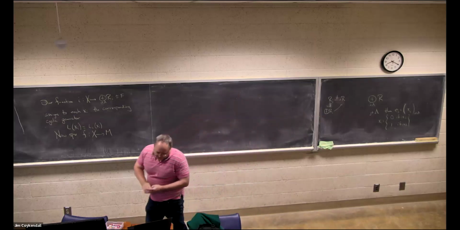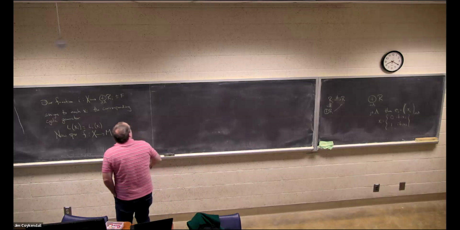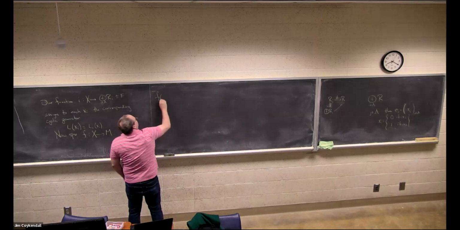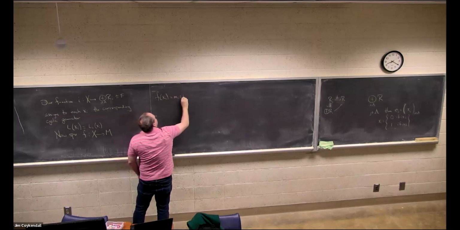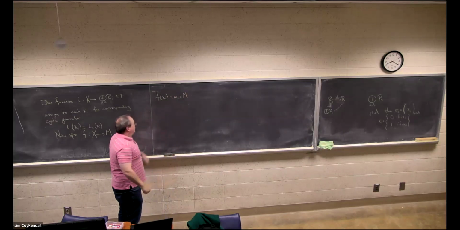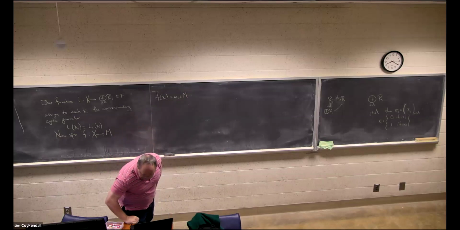Let's suppose this function corresponds to the rule f of xi is mi in M. So basically, we pick this arbitrary xi going to mi in M.